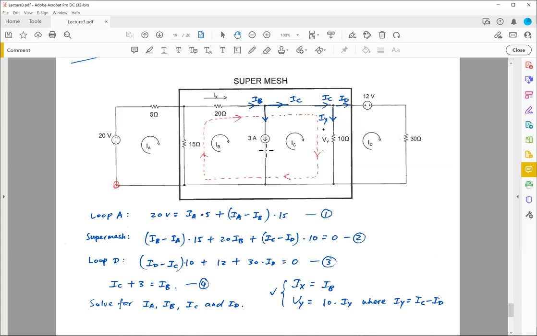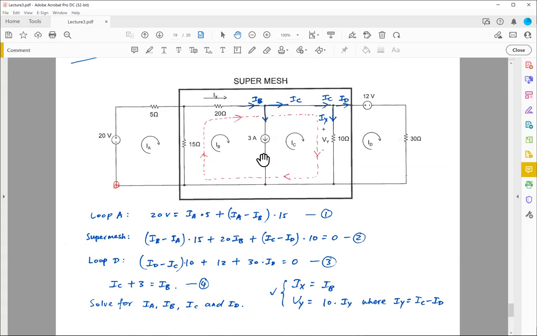Because just like I alluded to you earlier, the voltage drop across this current source is undefined, right? If I want to use KVL, I need to know the voltage drop. Unless I replace this current source with a resistor, there's no way for me to find the voltage drop.